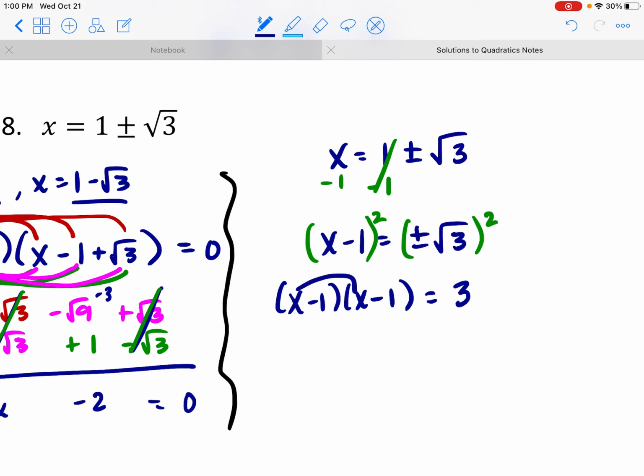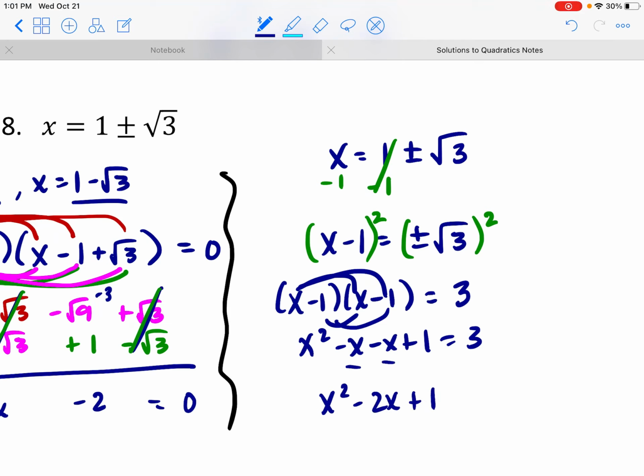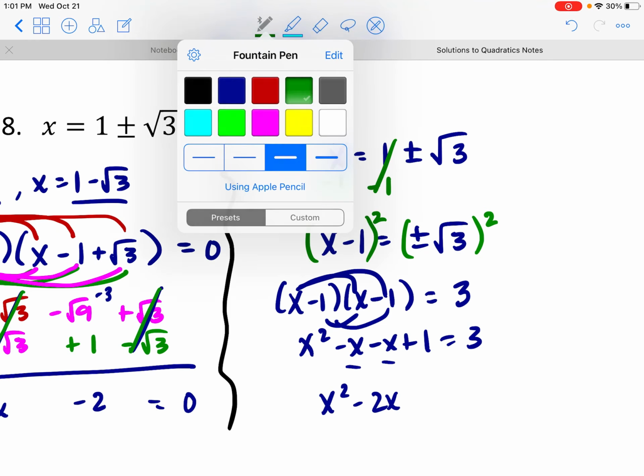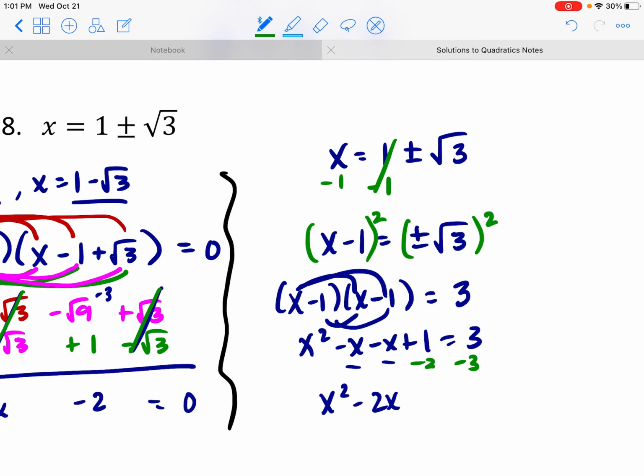So I have an x squared, a minus x, and a minus x, and then a plus 1 equal to 3. So that's going to be an x squared minus 2x plus 1. And actually, let me do this here. I can subtract this 3 over from the 1, and so that gives me my minus 2 equal to 0.